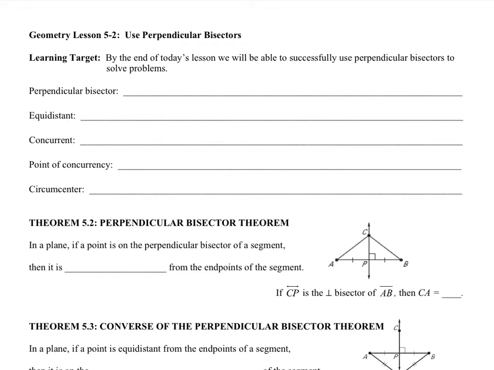The perpendicular bisector is a segment, ray, line, or plane that is perpendicular to a segment at its midpoint.